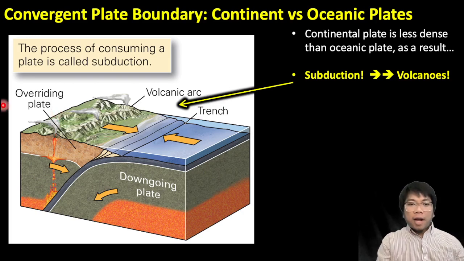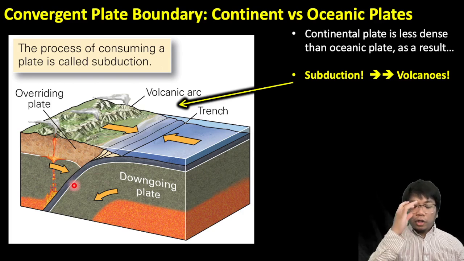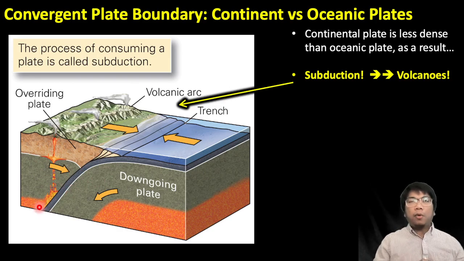Okay, so the process of consuming a plate is called subduction. And here I have to mention early that subduction is associated with major geological processes, and this figure illustrates that it is associated with volcanic activity over here.